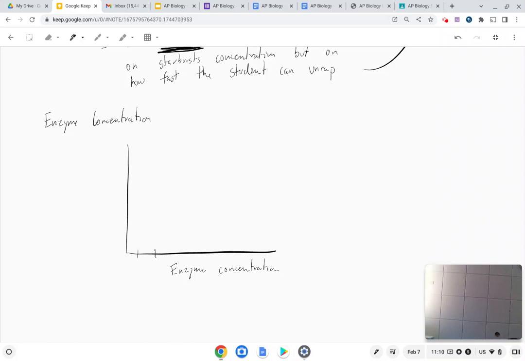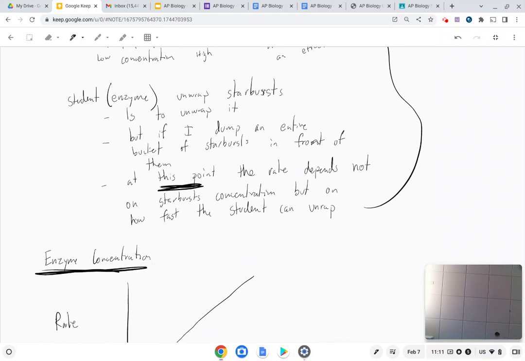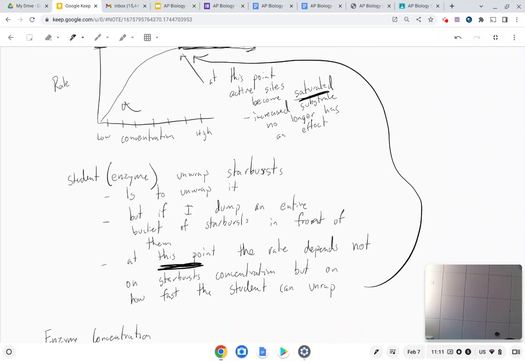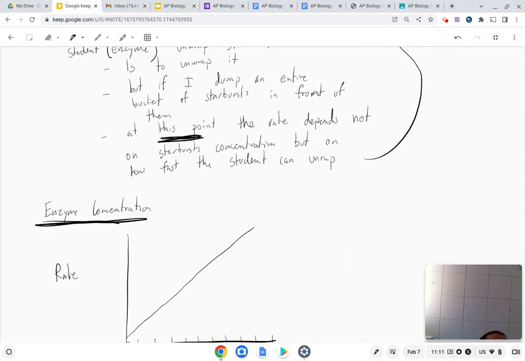If I increase the number of students unwrapping, I should always see an increase in the rate. In other words, there is no point at which it levels off. Okay, so you can see the difference there between those two factors. One of them levels off, the other does not. And I hope that my starburst analogy helps make sense of those trends.